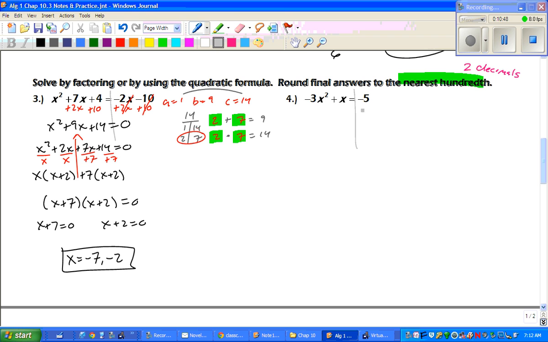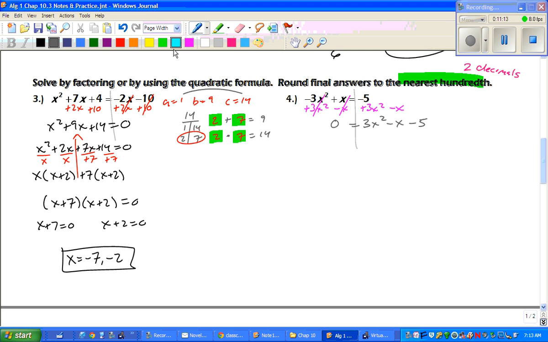Now, number 4, my leading coefficient's negative. I don't want that. Okay? So we're going to add the 3x squared to the other side, and we're going to subtract the x, because remember, we need one side equal to 0, and then we get 3x squared minus x minus 5.